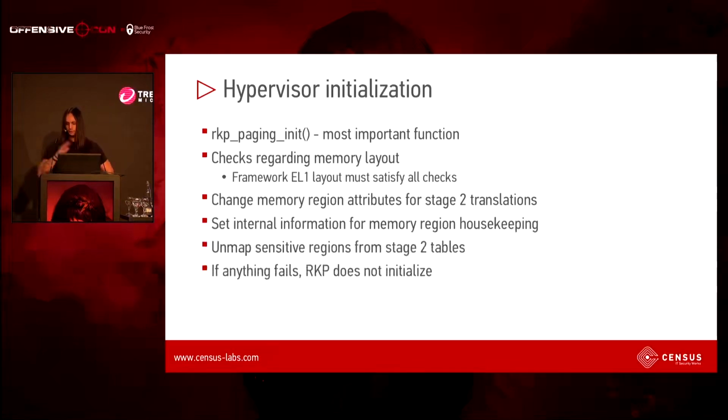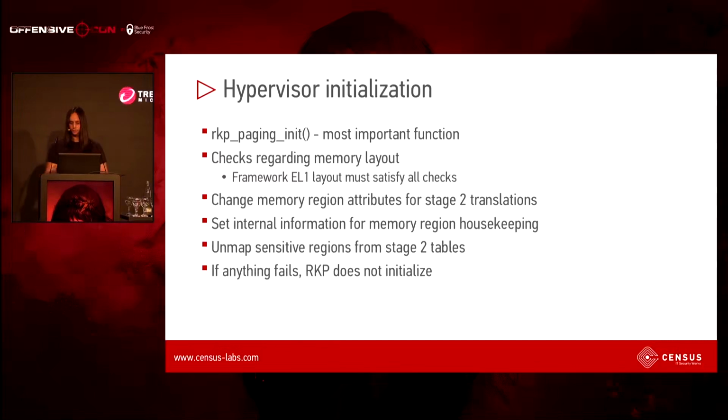Additionally, it edits memory region attributes for stage 2 translation with respect to the provided memory layout. It sets internal information for memory region housekeeping. For example, it can distinguish between the kernel text region and a raw data region and decide later whether a specific action is allowed or not.